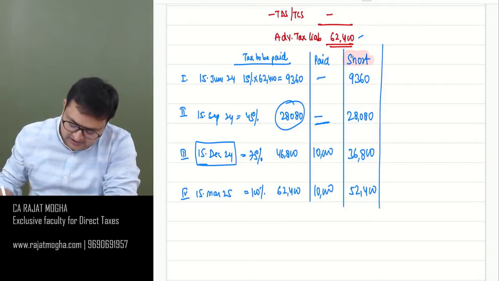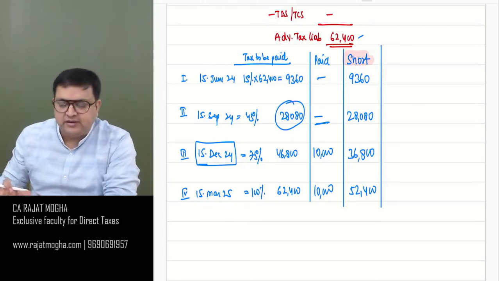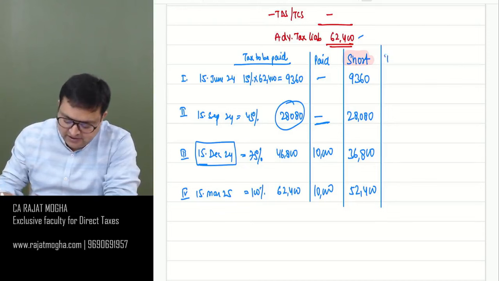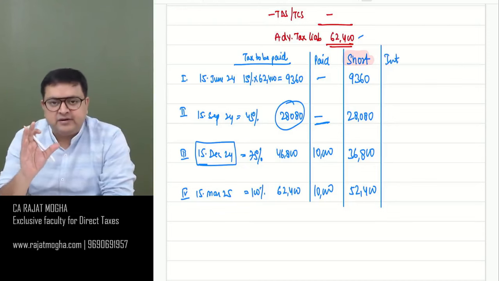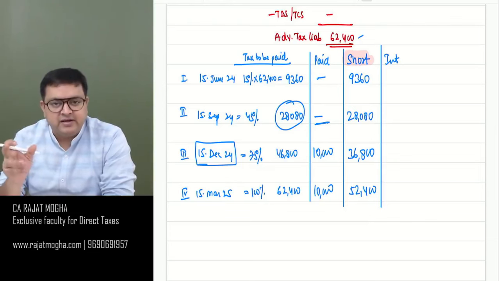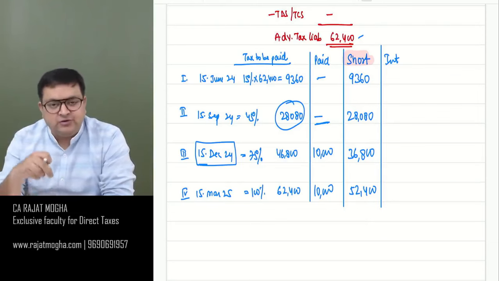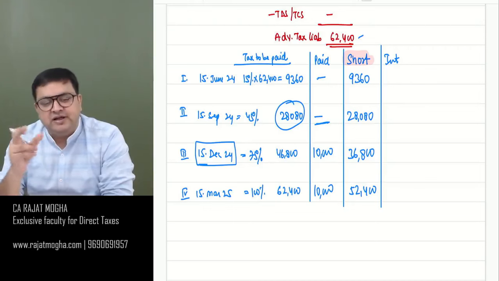If you don't have space, you can write it in this column only. Now interest. Guys, first of all, remember, interest is charged on multiple of 100. I'm talking only about 234C, not for any other section. 234C interest is charged on multiple of 100.